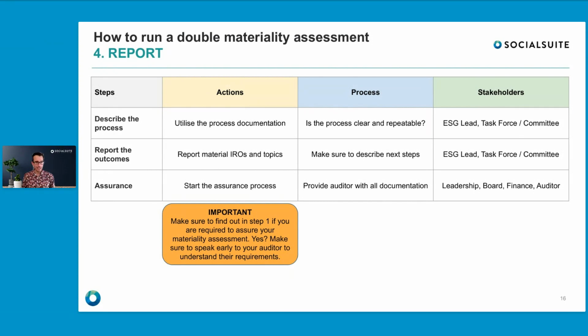And if that is a yes, then make sure that you speak early to your auditor to understand their requirements, so that you don't have to reverse engineer the process when you get to the end. Make sure that if you're required to do a level of assurance, you take your auditor along at the start and say, this is the process we're planning to go through. Are there any additional components or steps we need to take to make sure that your job is easier or can be done at all at the end?